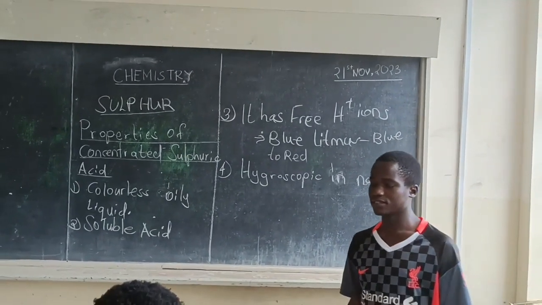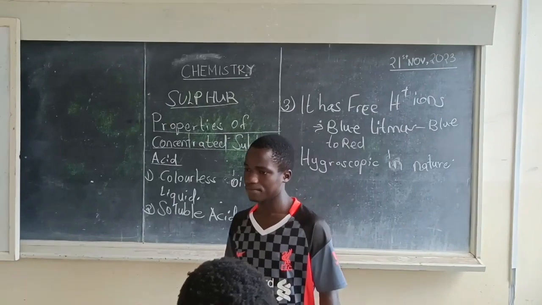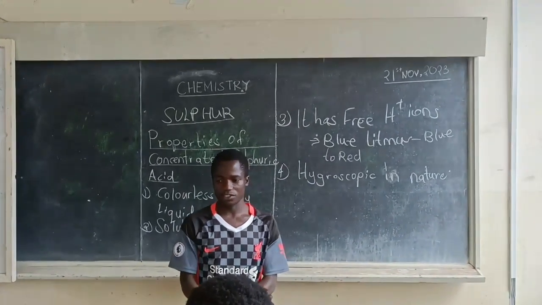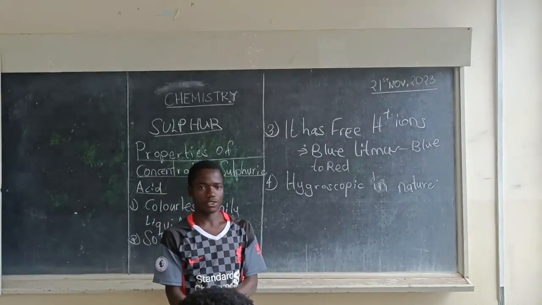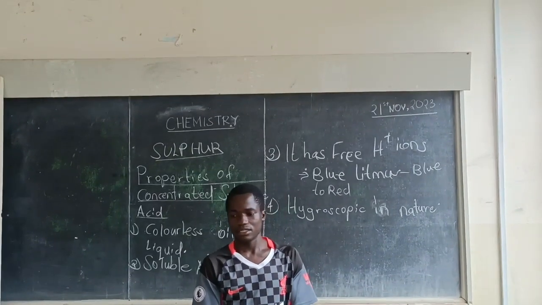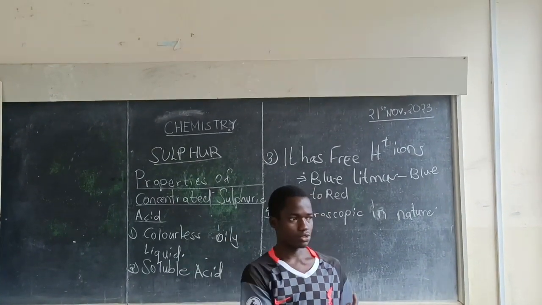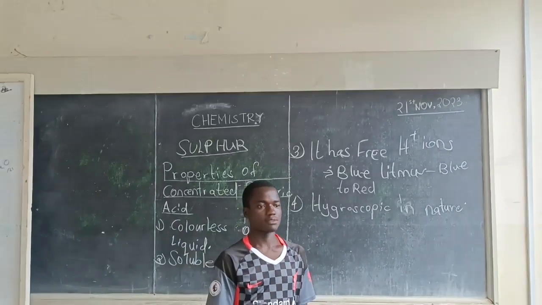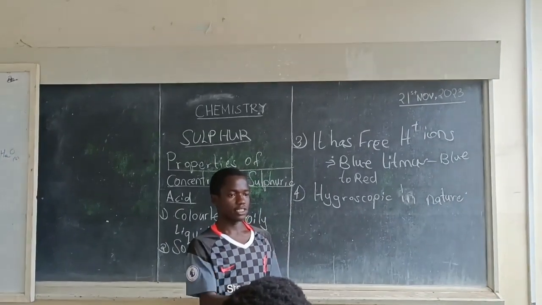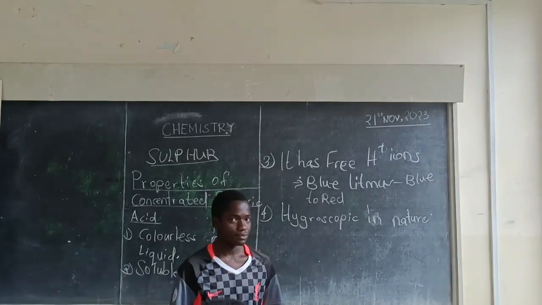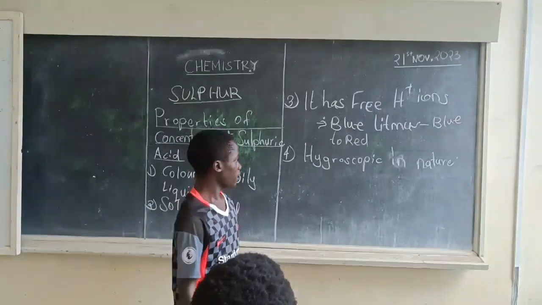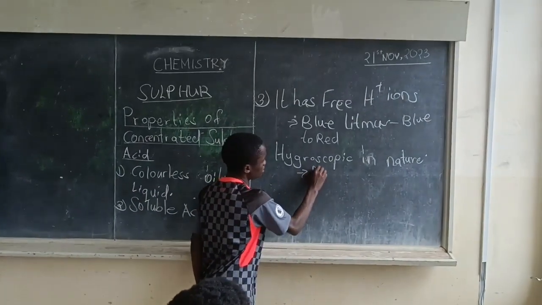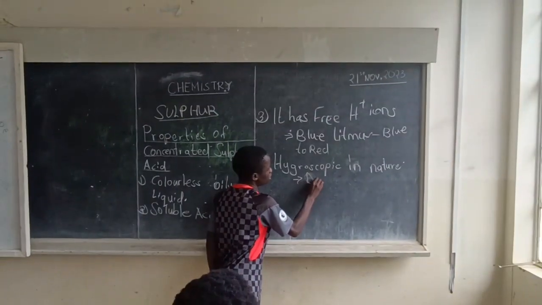Yes, this is a drying agent. Very good. And when you say this is a drying agent, which substances can you dry using concentrated sulfuric acid? Yes, oxygen gas. You can use it in drying.